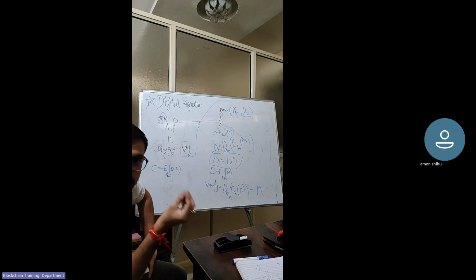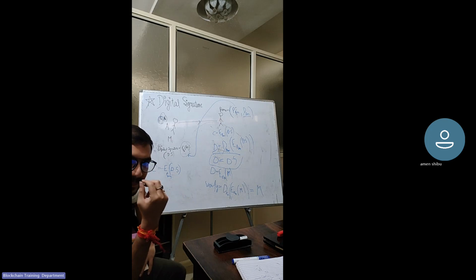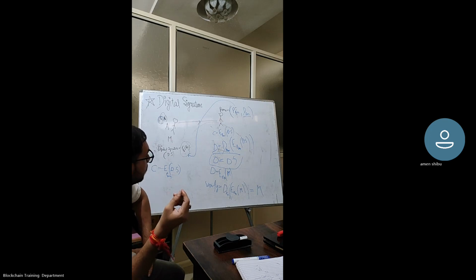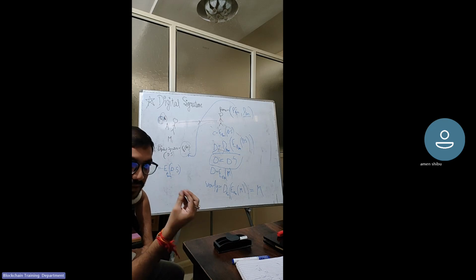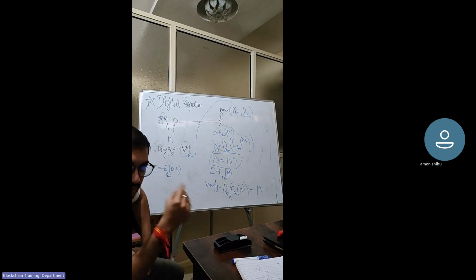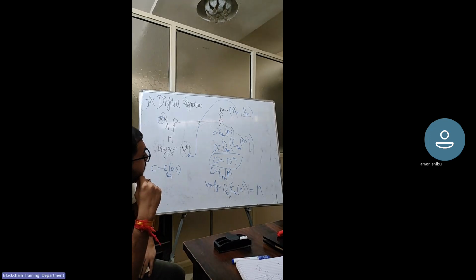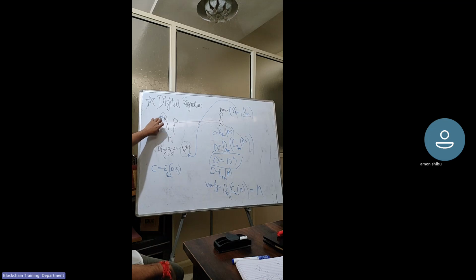Now that Amin got the digital signature of A, he will verify that digital signature using A's public key, PA.